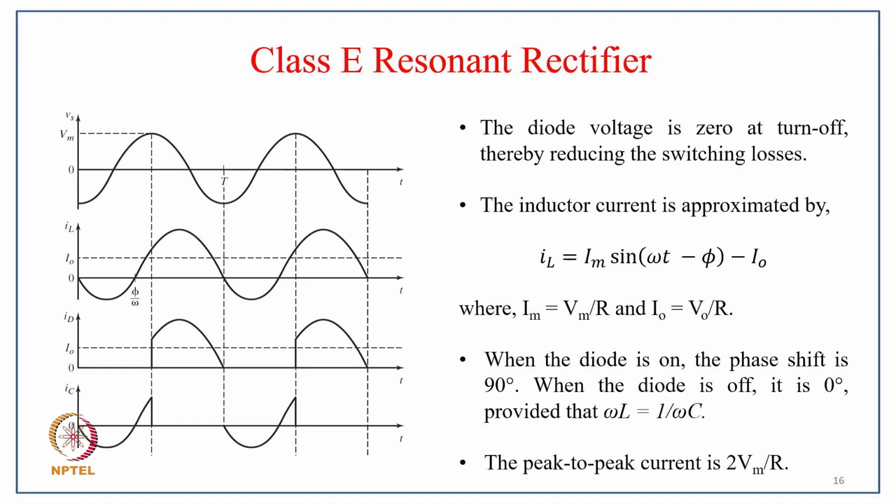You can see the supply voltage, the inductor current as well as the output current, the diode current, and the capacitor current.